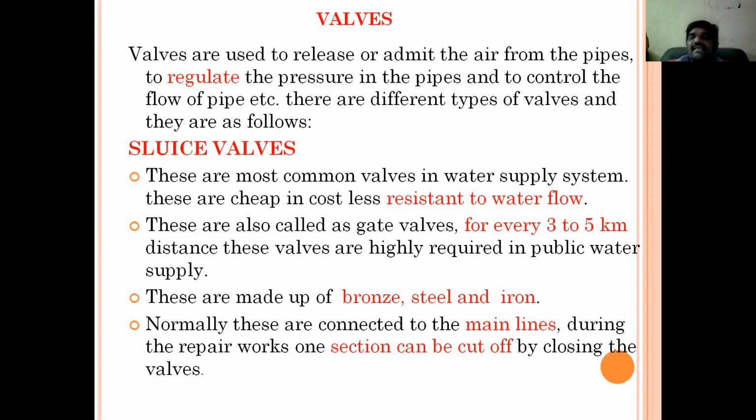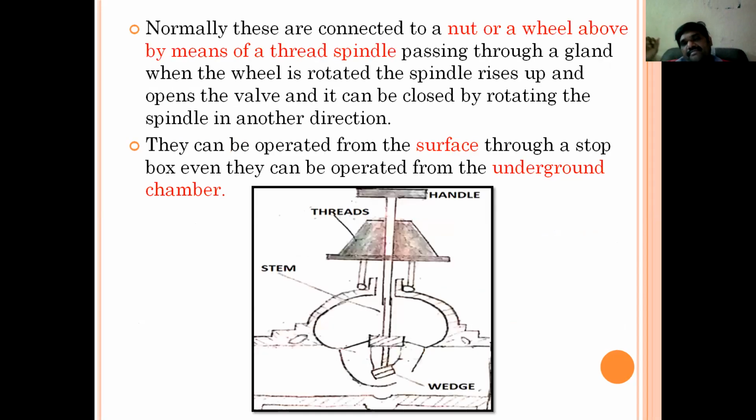More particularly, these valves are used to control or cut off the water flow where the other end of the section is going to be repaired. And these are made of materials like bronze, steel, and iron.